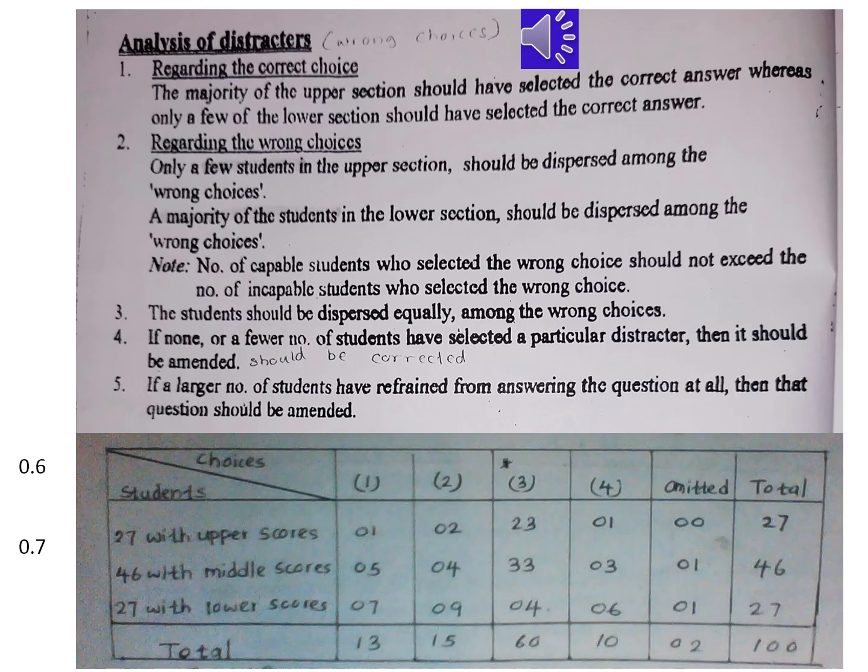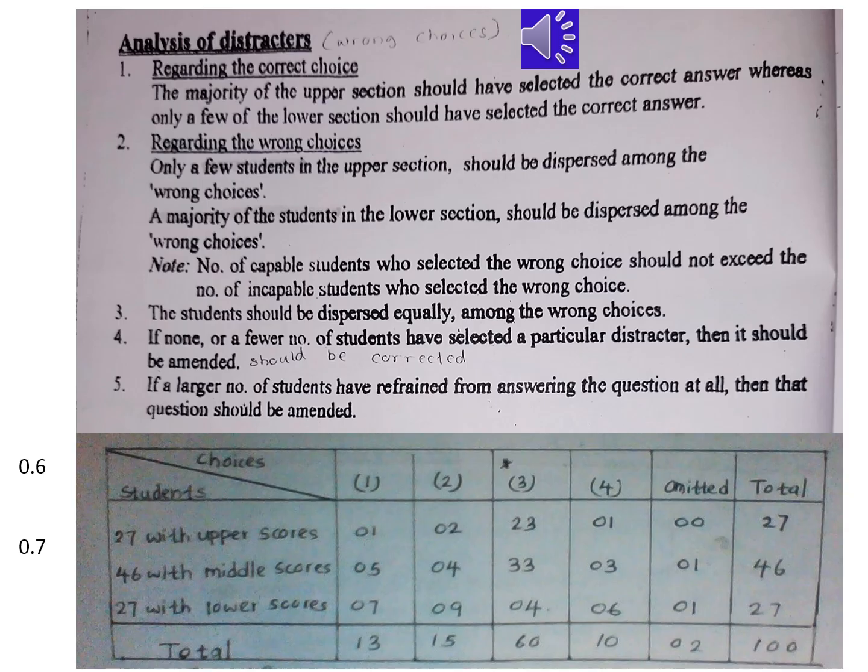So 1 does not exceed 7. That condition is fine. 2 does not exceed 9. 9 is larger than 2, so that is also correct. 1 does not exceed 6. So that condition is correct for all 3 distractors.